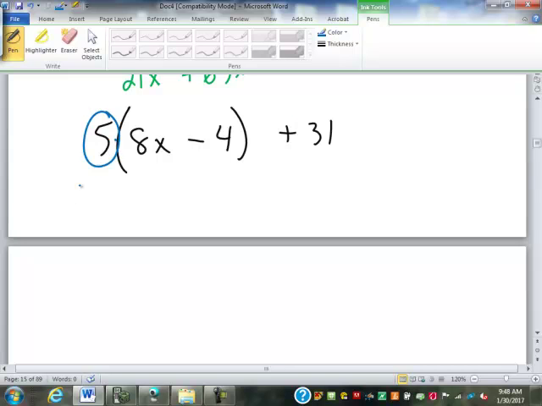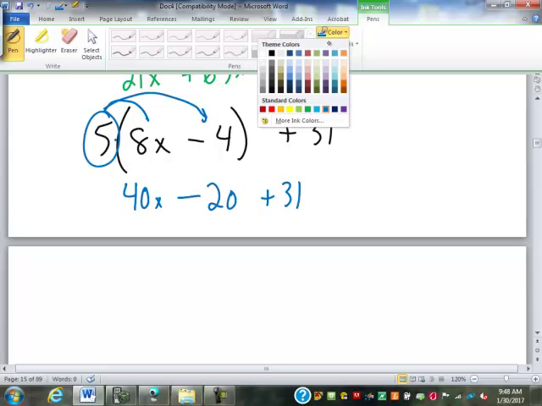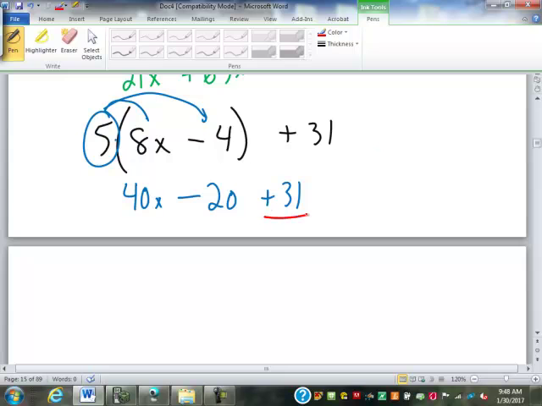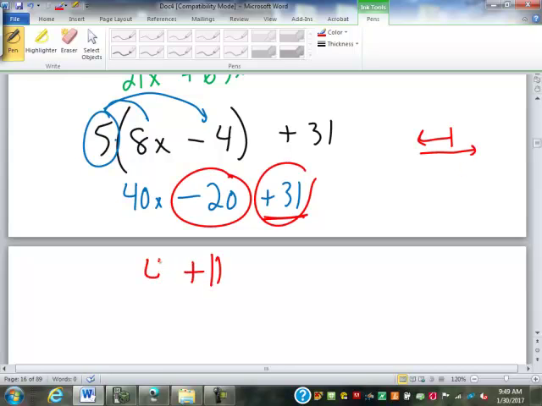Multiplying by that number outside the parentheses. So 5 times 8x is 40x. 5 times a negative 4, negative 20. Now we have the plus 31. Can I combine that positive 31 with any parts of what I already have? Got negative 20 and positive 31. So negative 20, positive 31 gives me positive 11. So this is 40x plus 11.